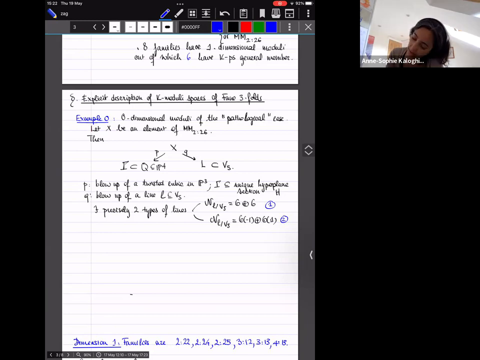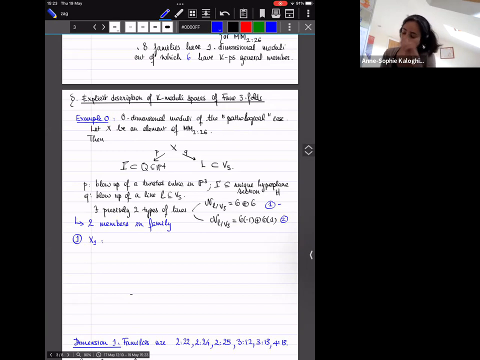And so this tells us that we have 2 members in this family. Let me discuss the first one, which I call X1, which is going to be obtained from the blow up of a balanced line.